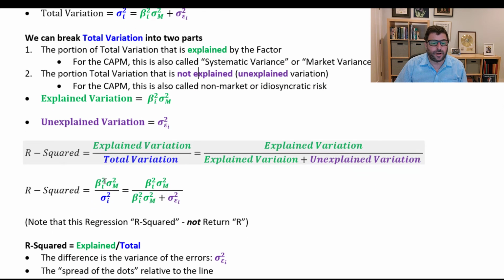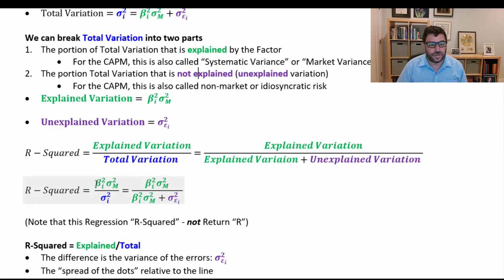The R squared is telling me the portion of total variation that is explained by the market. By definition, we define the R squared as the explained variation divided by the total variation. But I already know the total is equal to explained plus unexplained, and so I get this relationship.